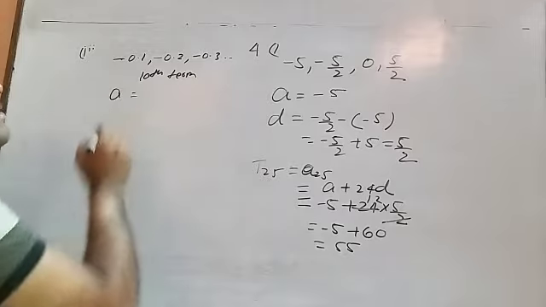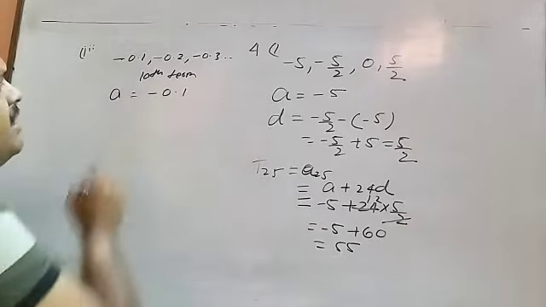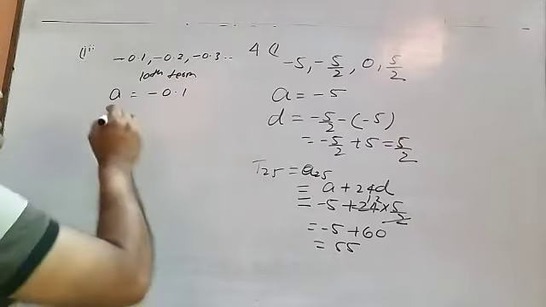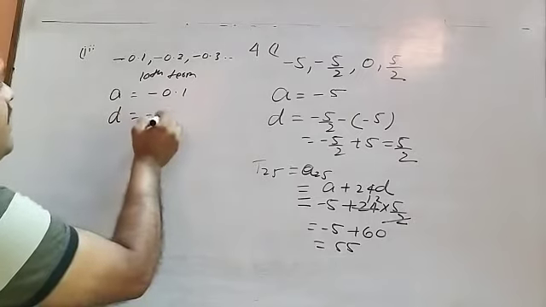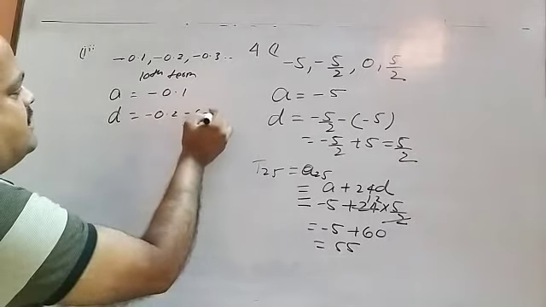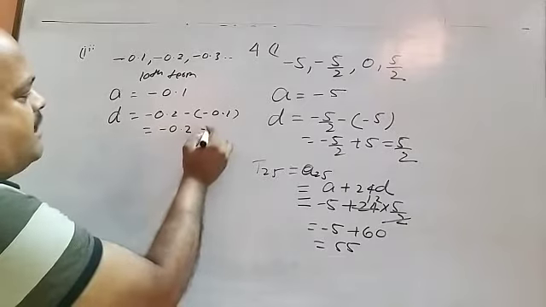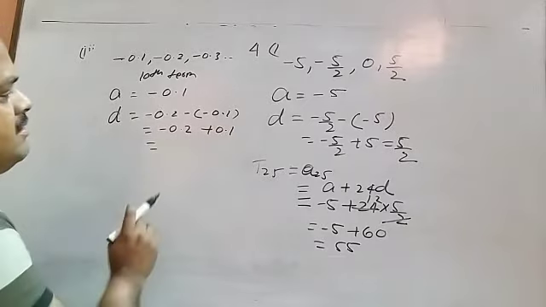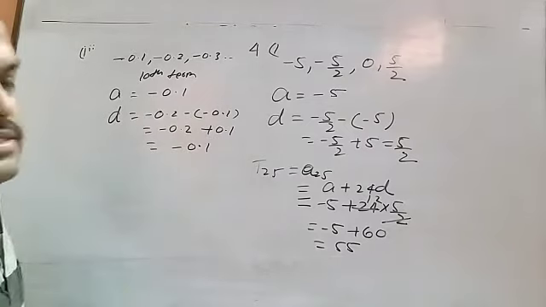So let us write first of all first term a, minus 0.1. Then find the common difference d, which is second term minus first term. Minus 0.2 minus (minus 0.1), minus 0.2 plus 0.1. So it becomes minus 0.1.